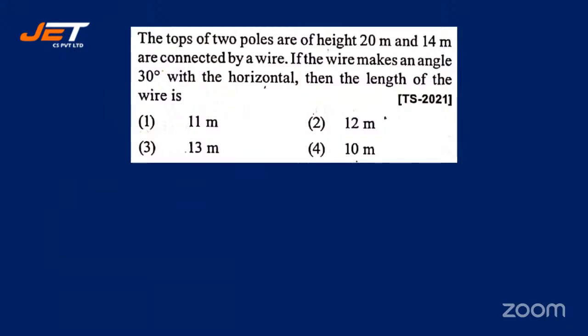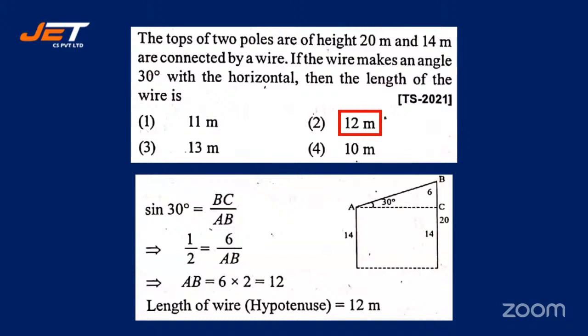The tops of two poles are of height 20 meter and 14 meter. They are connected by a wire. If the wire makes an angle 30 degree with the horizontal, then the length of the wire is dash. So you can see here it has been beautifully explained, right?